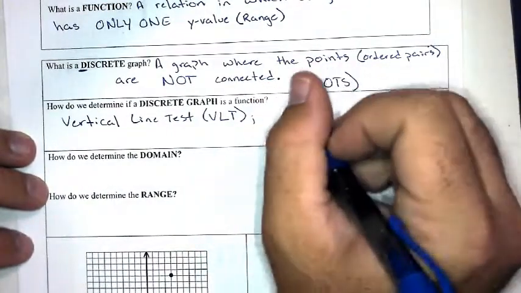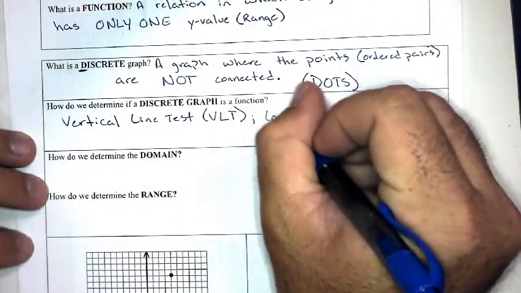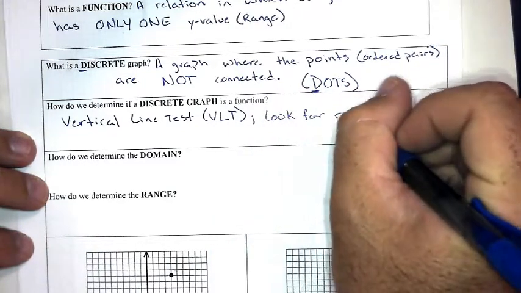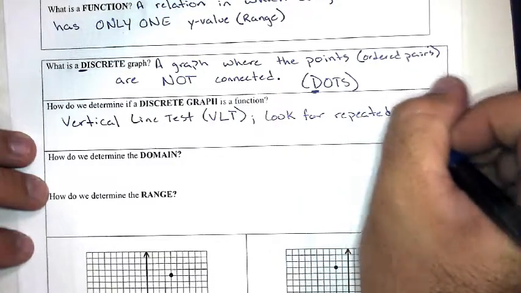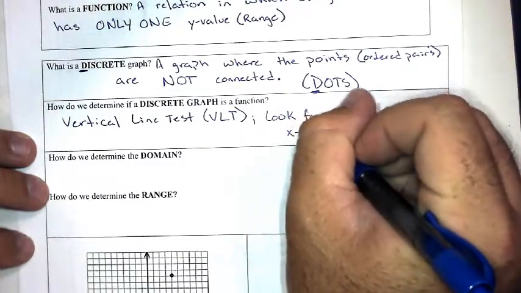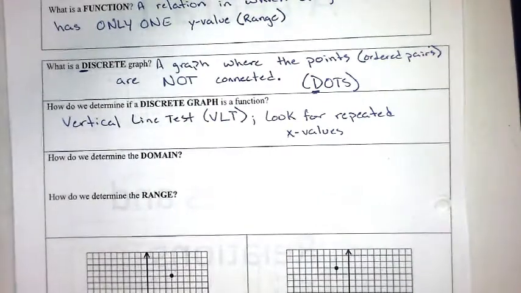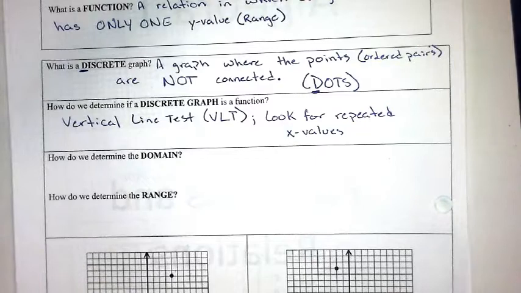Or we can just look for repeated x values. So there's two ways to determine whether a discrete graph is a function or not: does it pass the VLT, or does it have any repeated x values?